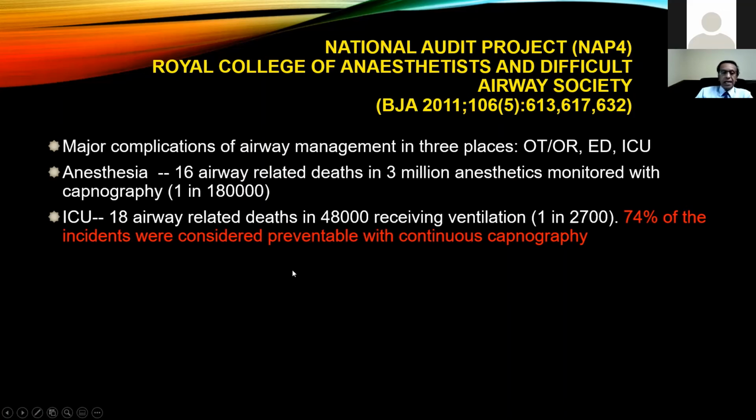When they did the ASA closed claim analysis, they said that probably about 70% of the brain deaths or the hypoxic events could have been prevented with continuous capnography. So a similar finding has also been demonstrated in the ICU.